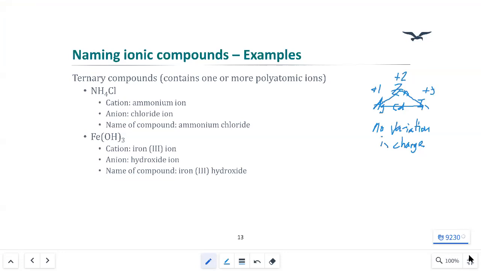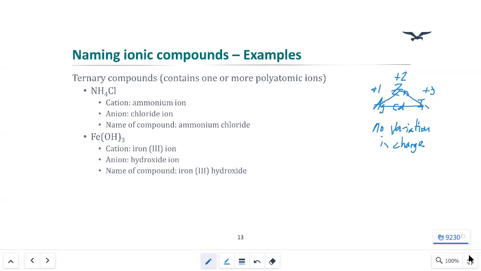It's the only charge that they have. And since it's the only charge that they have, a Roman numeral is not only unnecessary, it's actually incorrect. The reason it's incorrect is because by putting a Roman numeral on there, it presupposes that there's another form, another ion that is possible for that element.